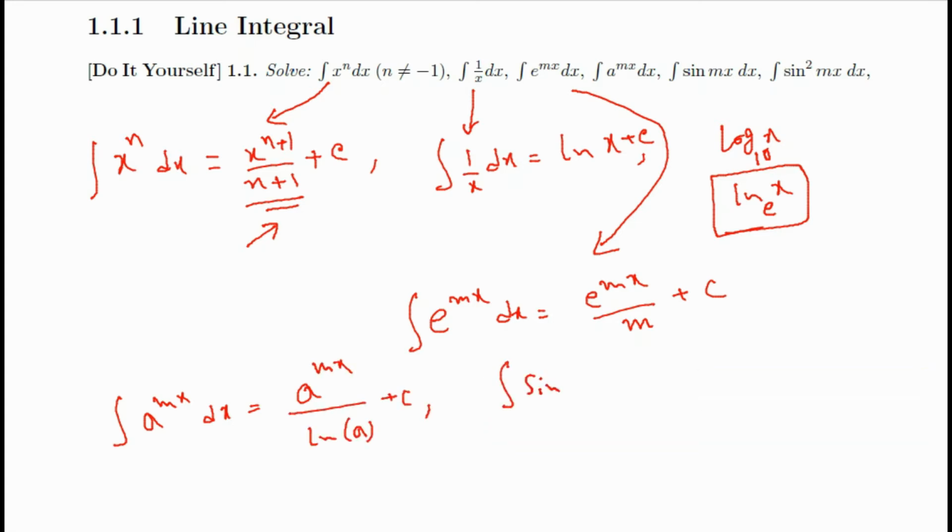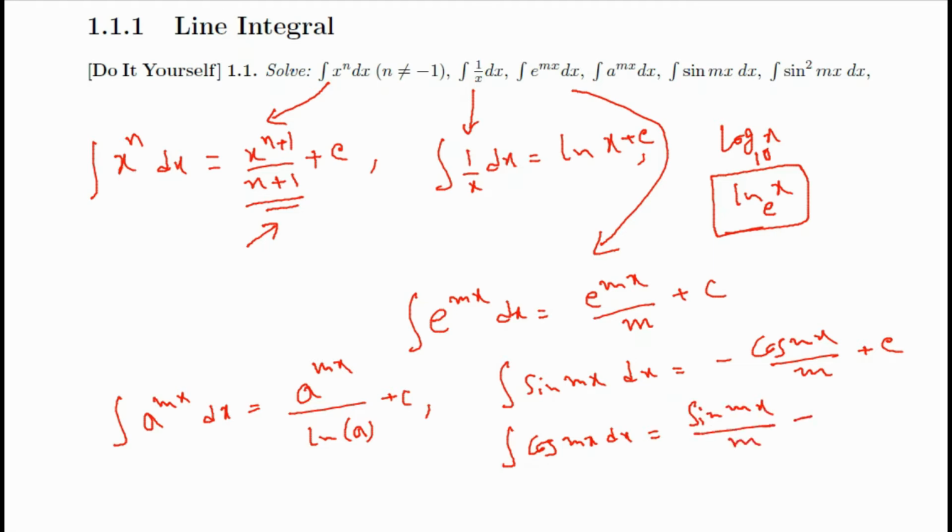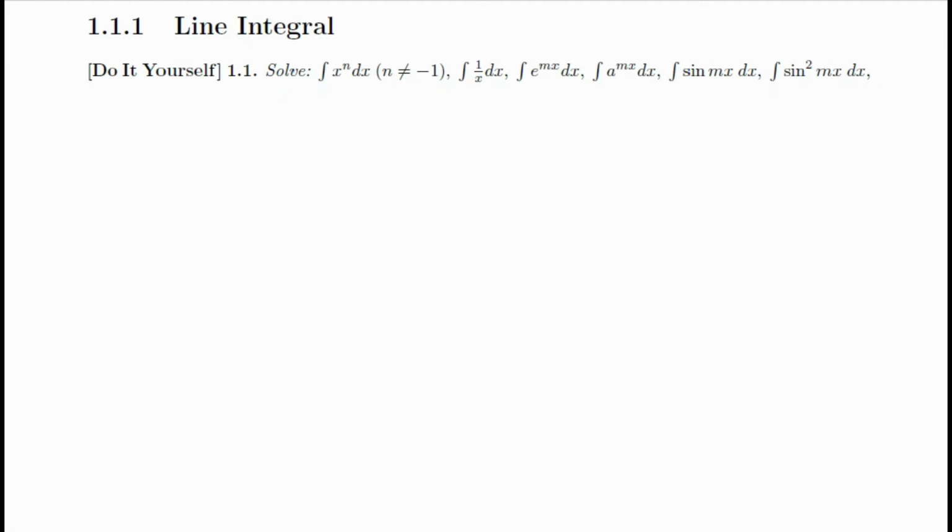Then the integral of sin mx will be minus cos mx by m plus c. Again, the integral of cos mx dx will be sin mx by m plus c. The last one is sin square mx. For this type of integral, either sin square or cos square, you multiply and divide by 2, and write the integral of sin square mx dx as half times the integral of 1 minus cos 2mx dx.